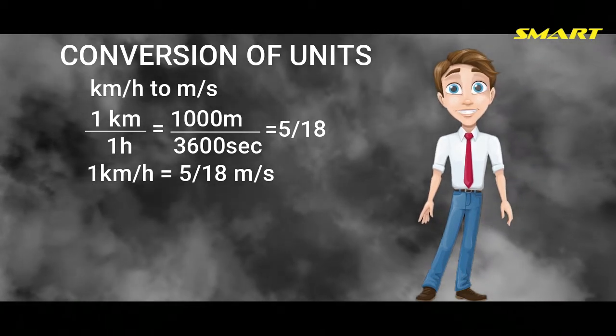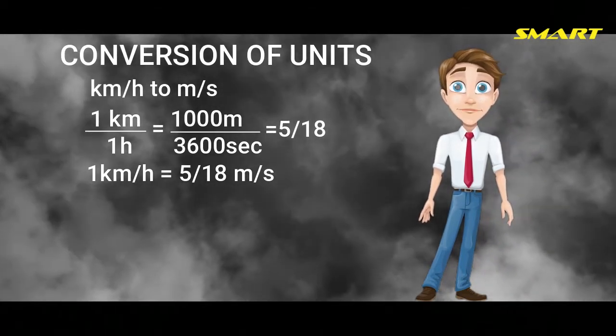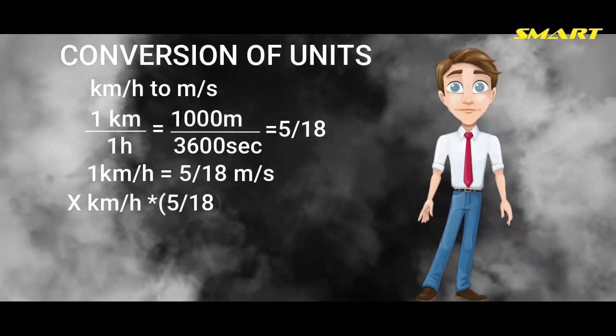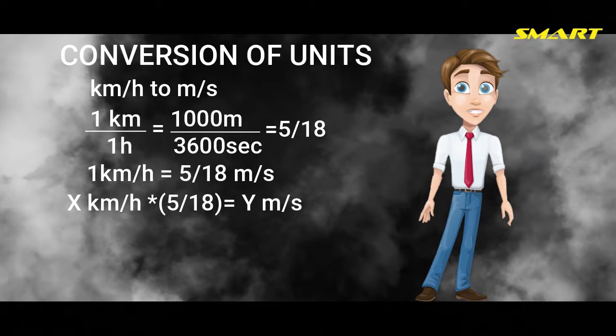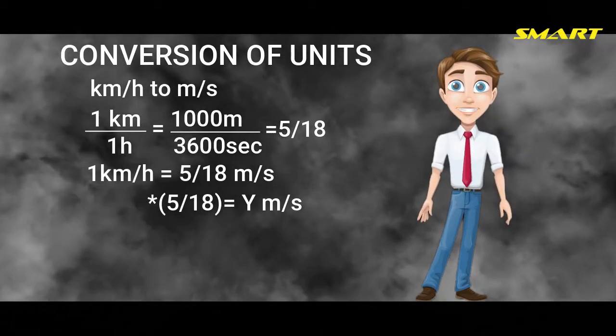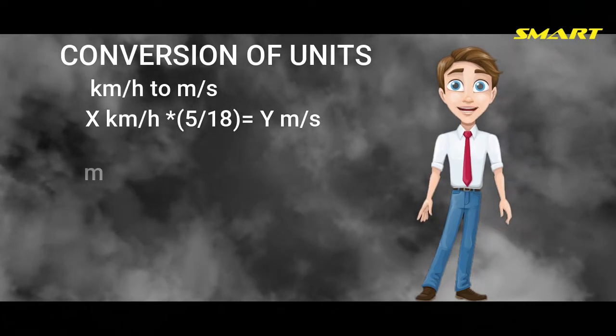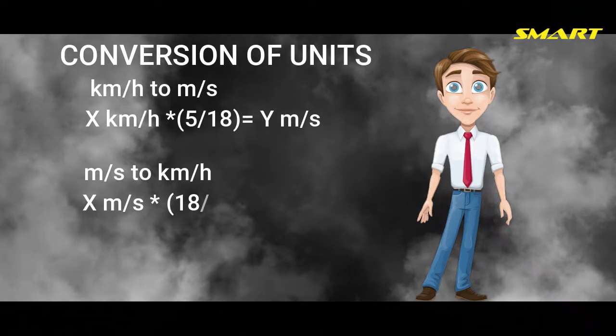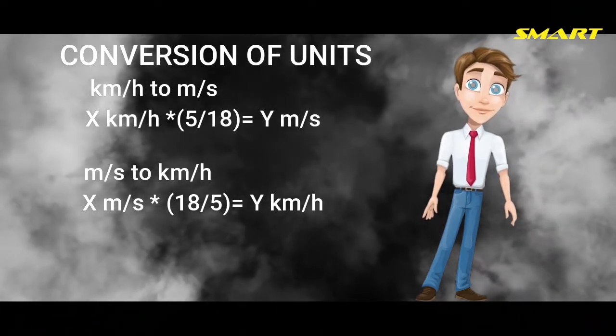So for converting kilometer per hour to meter per second, we just multiply the value by 5 by 18 and directly get the value in meter per second. Similarly, for converting meter per second to kilometer per hour, we multiply the value by 18 by 5.